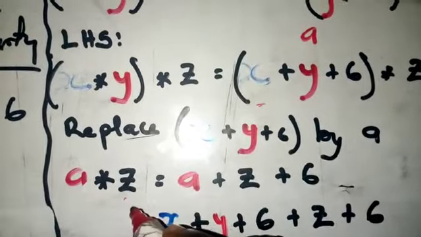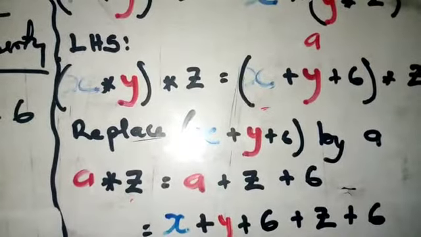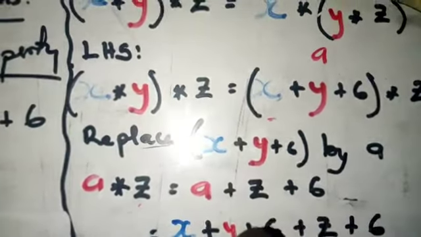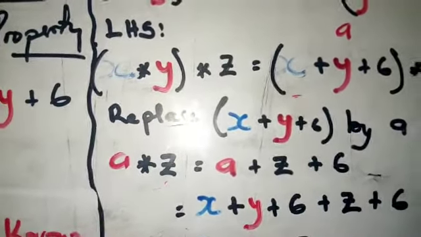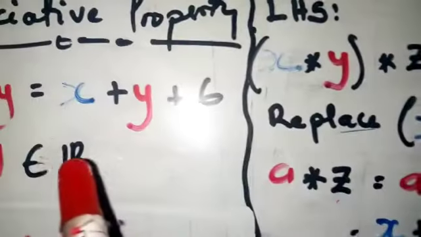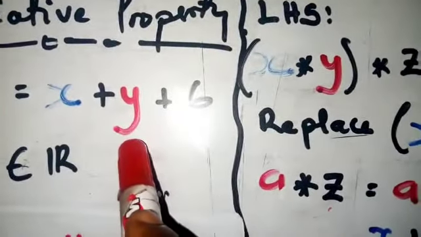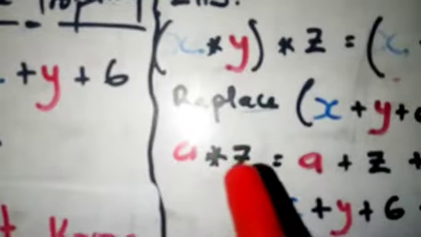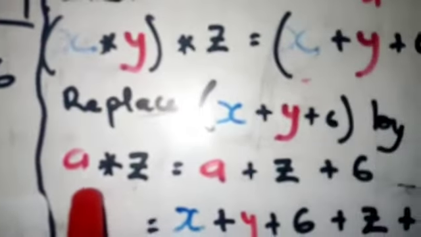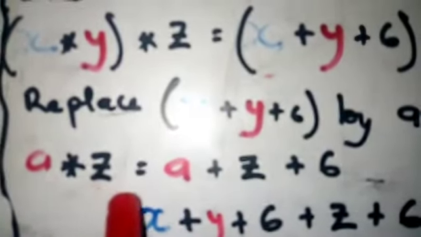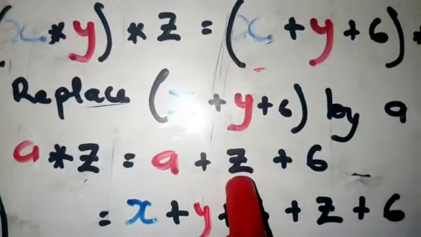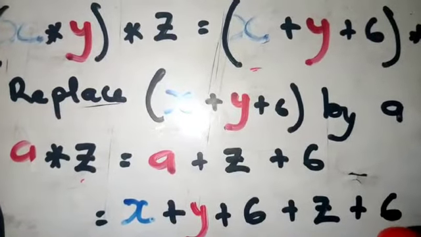So what is the law? For us to combine the two of you, you must pick the first person plus the second person plus 6. Here the first person is a and the second person is z. So the first person plus the second person plus 6. That is what the law is.